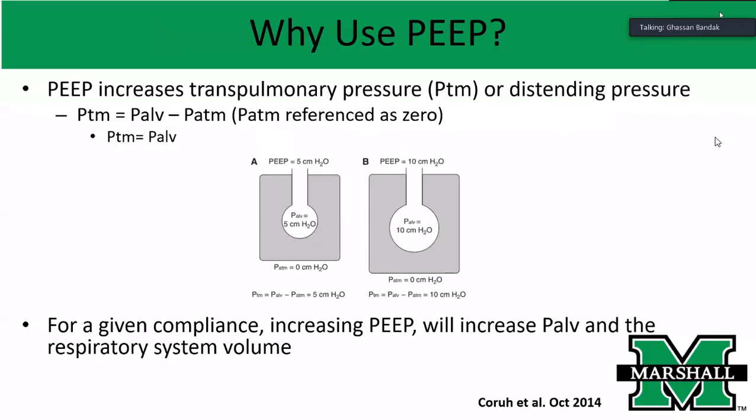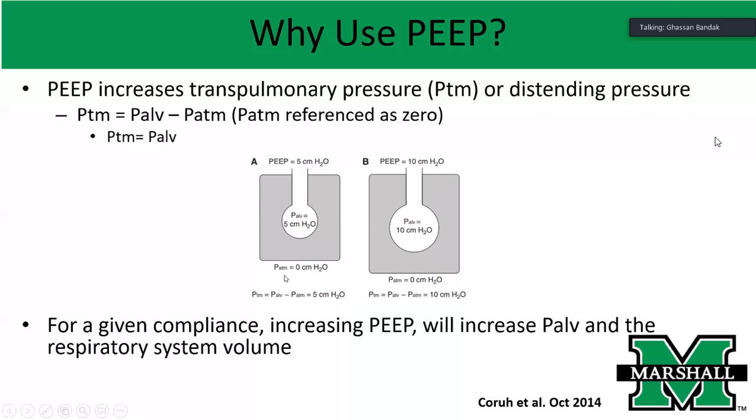So PEEP increases transpulmonary pressure, or the distending pressure of the lung. The transpulmonary pressure is alveolar pressure minus atmospheric pressure, and if the atmospheric pressure is 0, then the transpulmonary pressure equals the alveolar pressure, okay? For a given compliance, let's assume the lung is a balloon, like in these pictures.